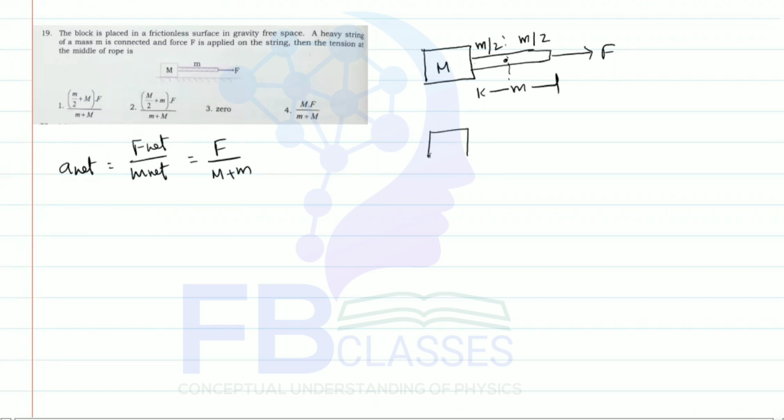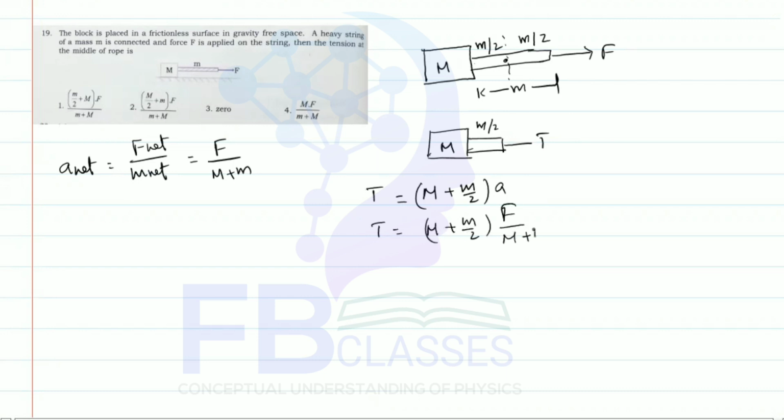Now we have to find the tension at the middle of the rope. So the free body diagram is: this is capital M, the mass of the block, and m by 2 of the rope. So now the tension T is equal to mass into acceleration, mass is capital M plus small m by 2, into A. We already found the A value: capital F upon capital M plus small m. Understand?